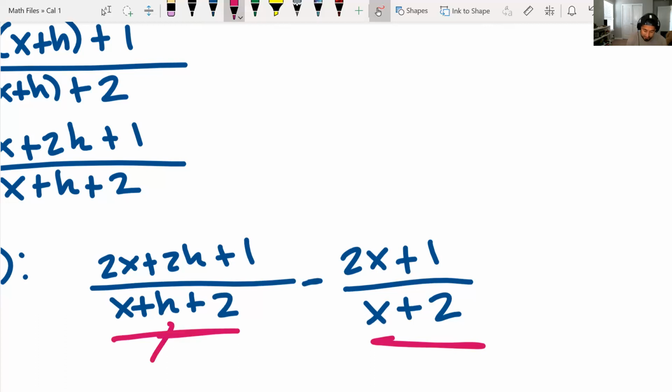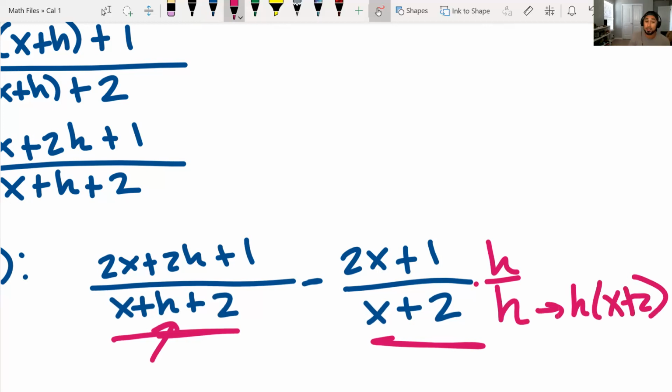If you think that h is common and you just say, hey, this needs to be multiplied by h over h, that is incorrect. Because if you do that, this becomes h times (x plus 2), which is definitely not the same as x plus h plus 2. So just know that x plus h plus 2 and x plus 2 have nothing in common.